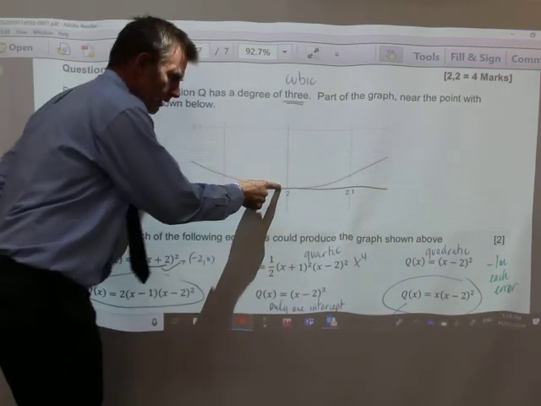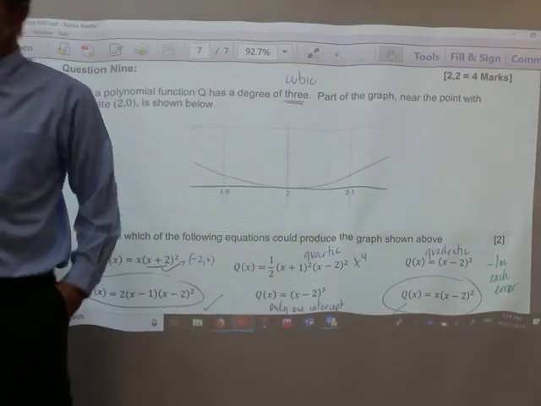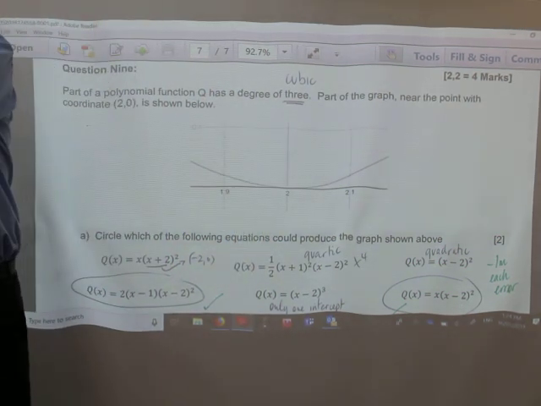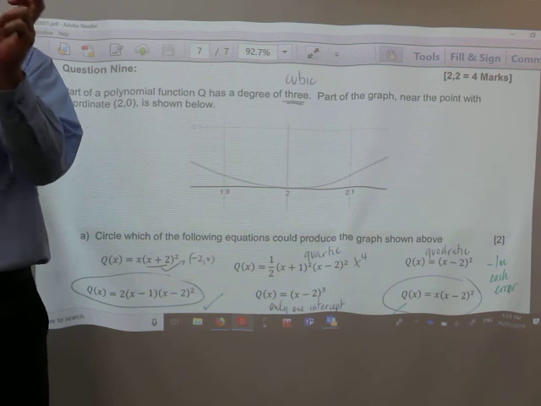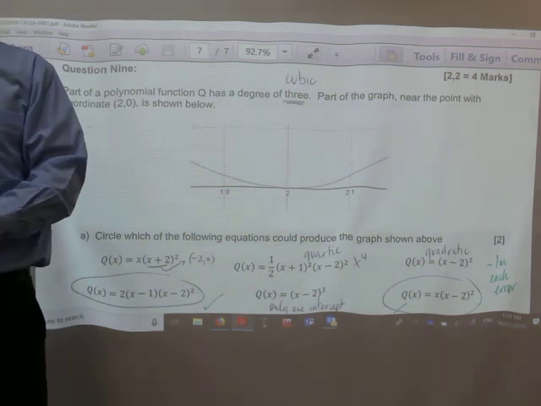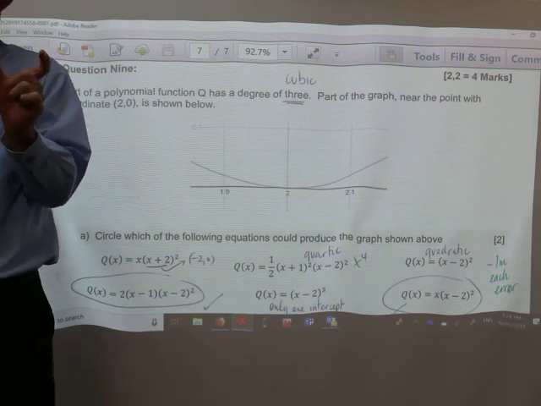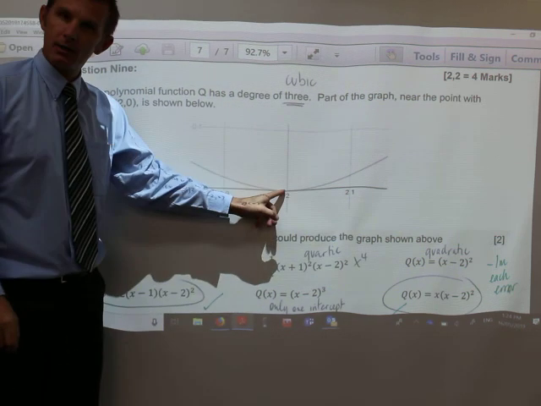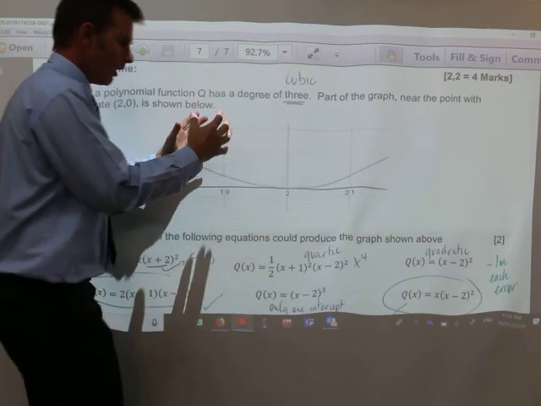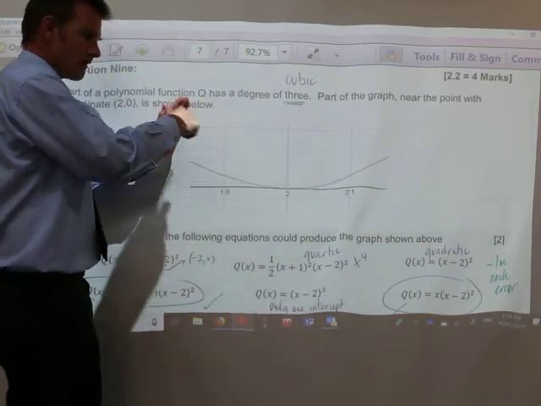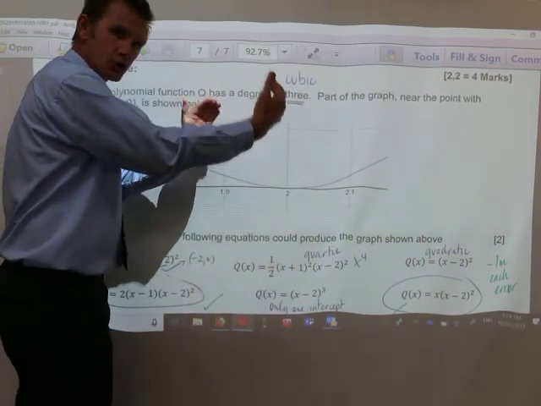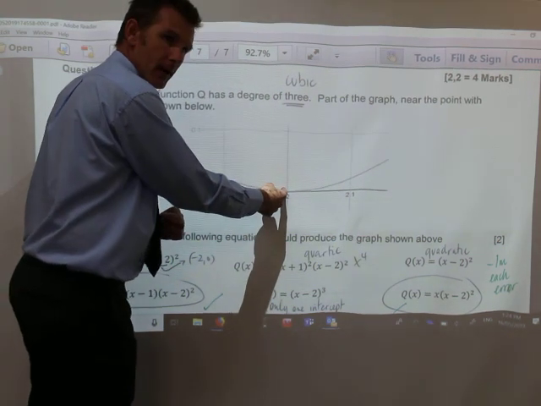So that idea is telling me that in my cubic, when I factorise it, two of the brackets are going to be the same. Because if I just have one bracket, that's where it crosses through the axis. If I have two brackets, then that's this situation. So therefore, I've got to have in here (x - 2) squared. That's how I'll get that.